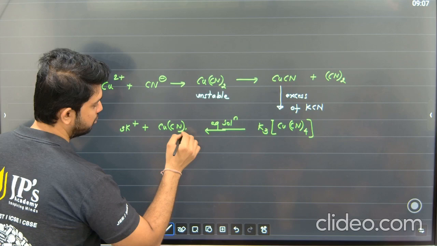So from +2, in the complex it is becoming +1, the nature of Cu2+ being an oxidizing agent. We did this in d block elements. Now what about CN-? If this is oxidizing, this is reducing. Did people get that?